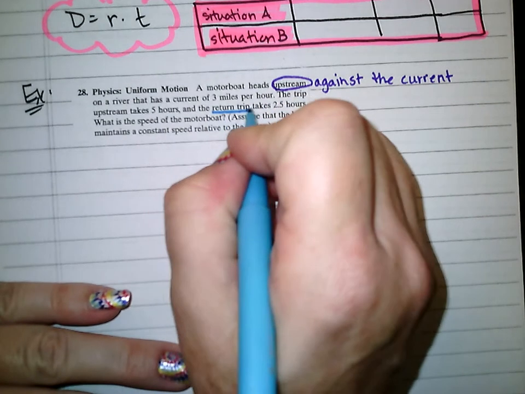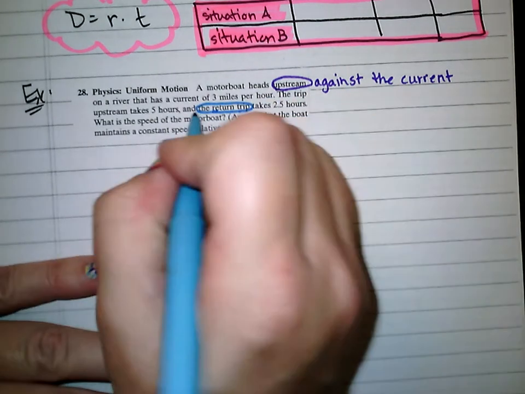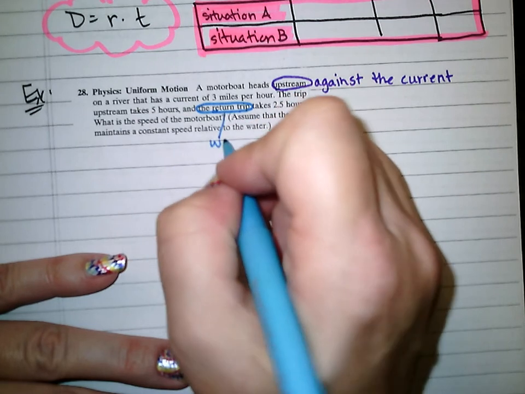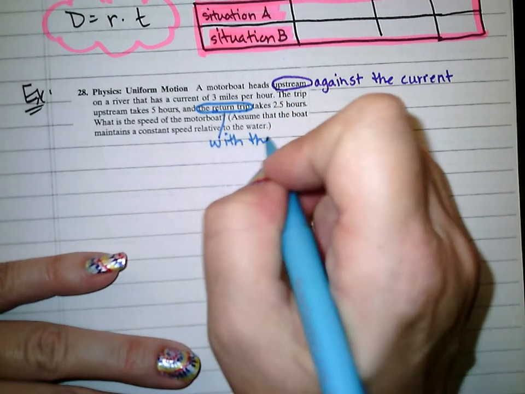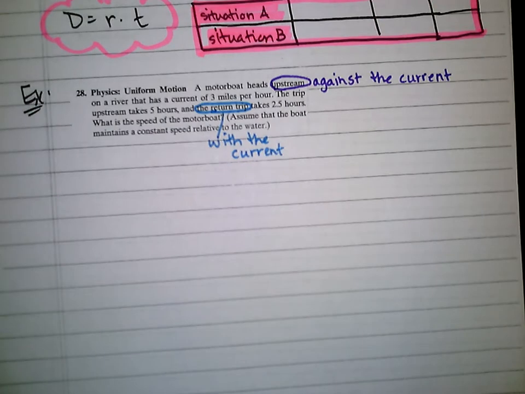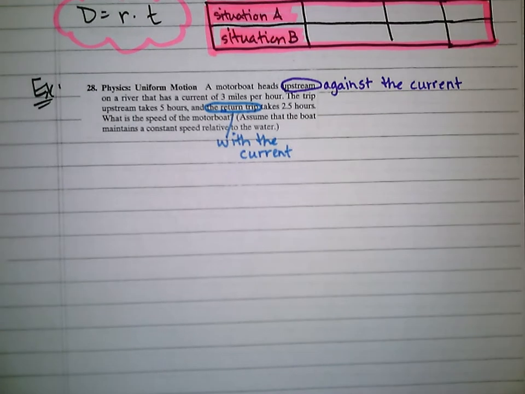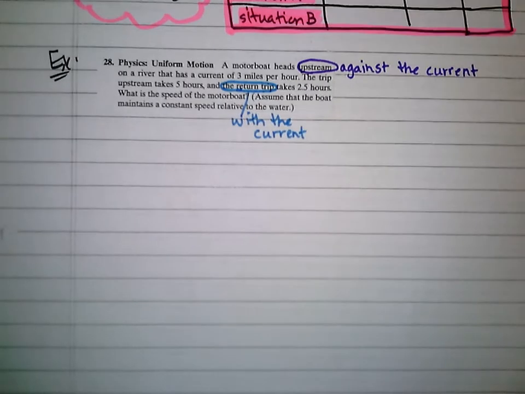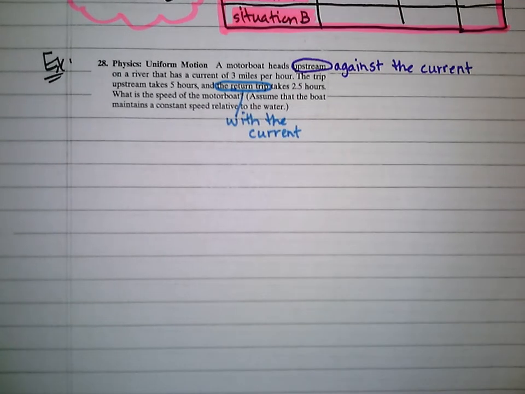So this return trip is going to be with the current because we're going the opposite direction. They want to know what is the speed of the motorboat, assuming that the boat maintains a constant speed relative to the water. So that just means you're not accelerating or decelerating. Basically the motor of the boat is going the same each time.